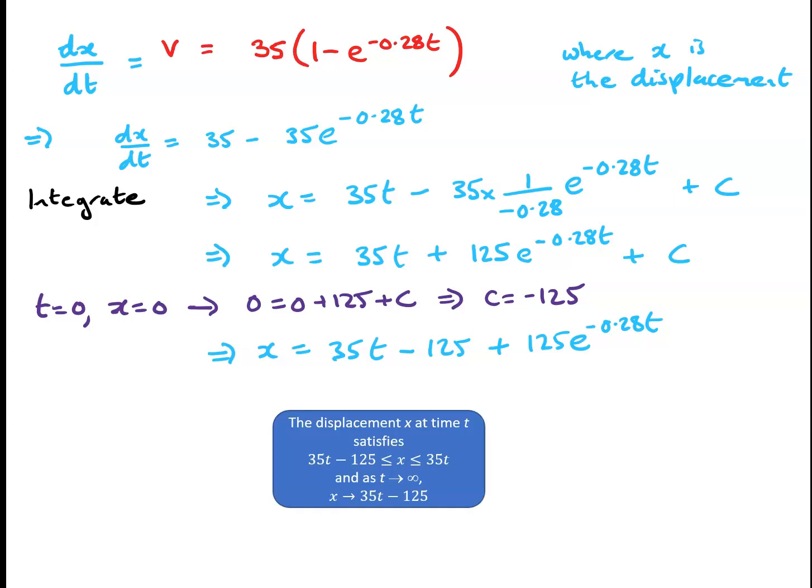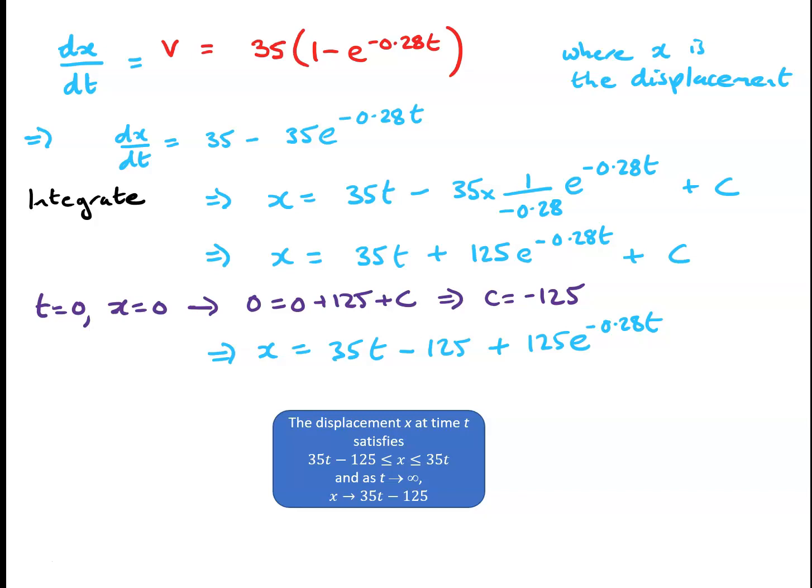Now, the displacement x at any time is certainly going to be bigger than 35t minus 125, but it's also going to be less than or equal to 35t. And as t tends to infinity, we know that x tends to 35t minus 125.